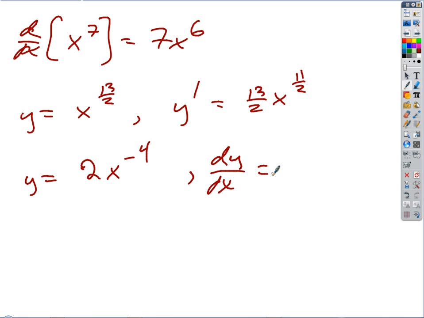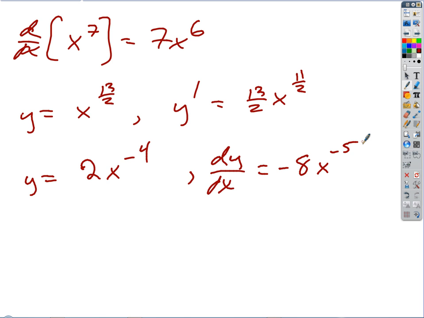What does that 2 do out front? It just multiplies. It's just a coefficient, so we can just take the negative 4 out front and multiply it by 2. The negative 4 was going to be our coefficient. We started off with a 2, so now we end up with negative 8 x to the negative 5, because we're subtracting 1.